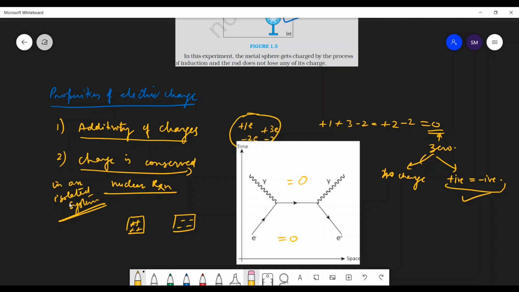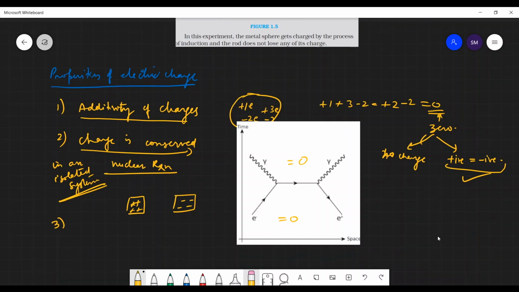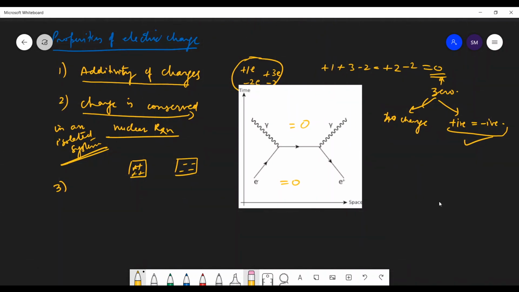Okay. So the third property, which is the most important one, is quantization of charge. Quantization of charge means that the charge on a particle is in integral multiples of the fundamental charge.